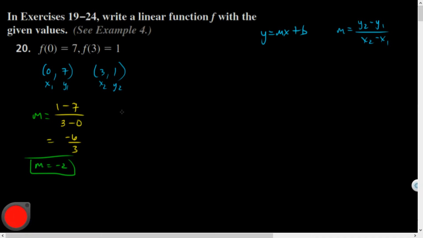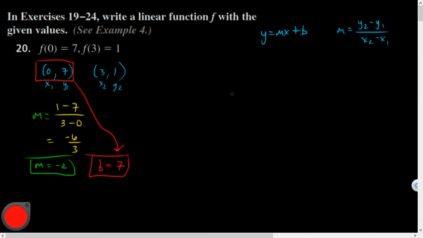The other thing I need to find is the y-intercept. Does anyone have any thoughts about the y-intercept for this problem? Yeah, because this point happens to have 0 as its x coordinate. That means that is our y-intercept. All y-intercepts have 0 as their x coordinate.